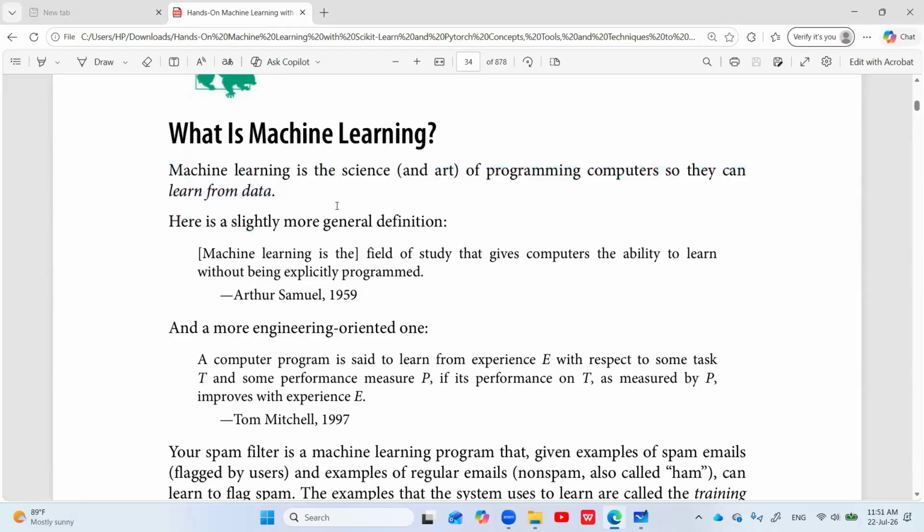That means machine learning is the science of programming computers, which allows machines to learn from data. We'll write that definition. That's the way we are understanding. ML definition 1.